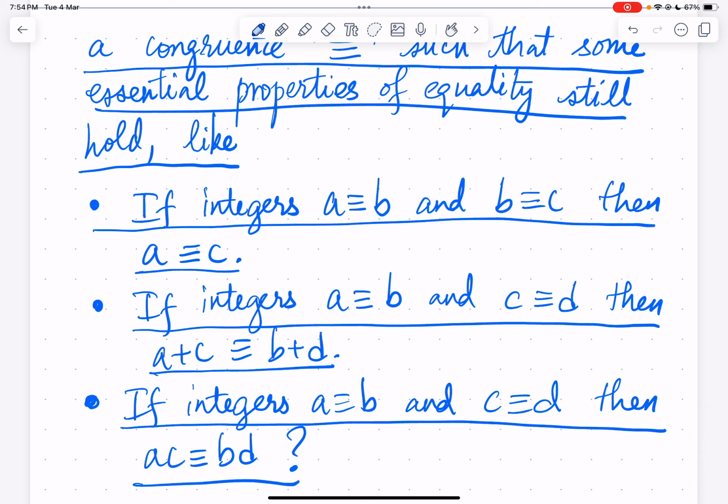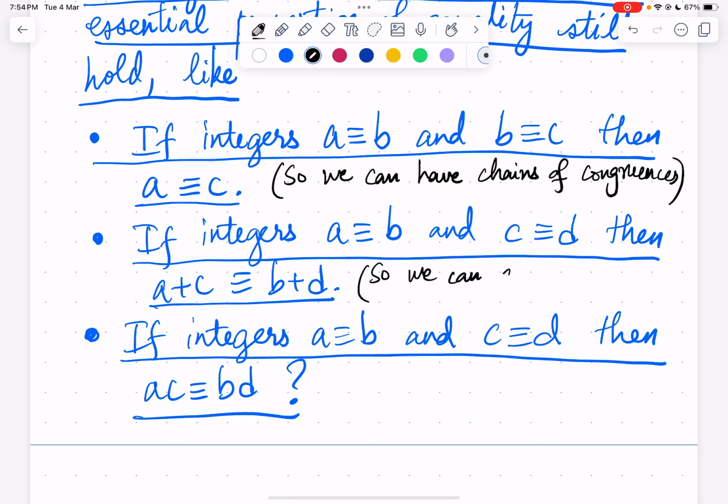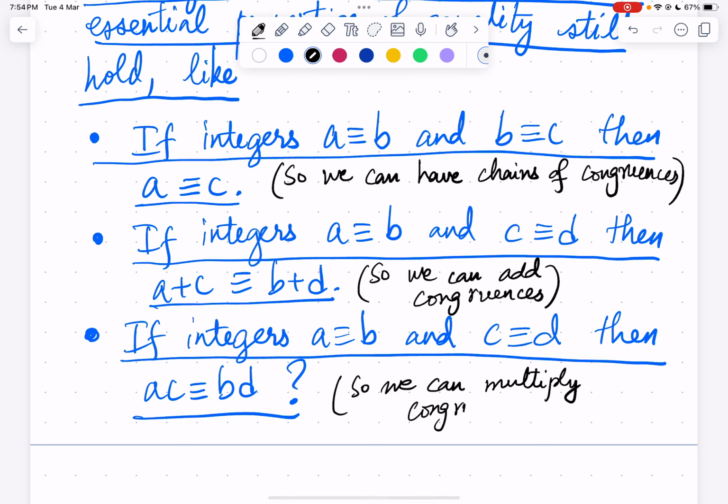So we can have chains of congruences, we can add congruences like we add equalities, and we can multiply congruences.